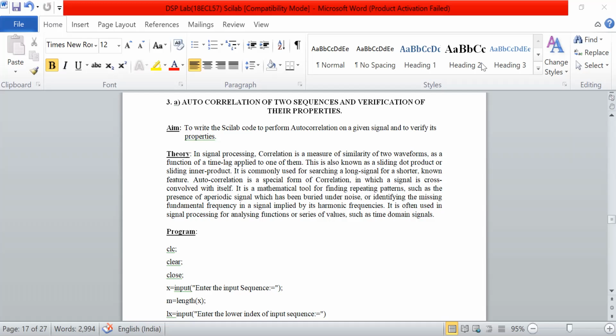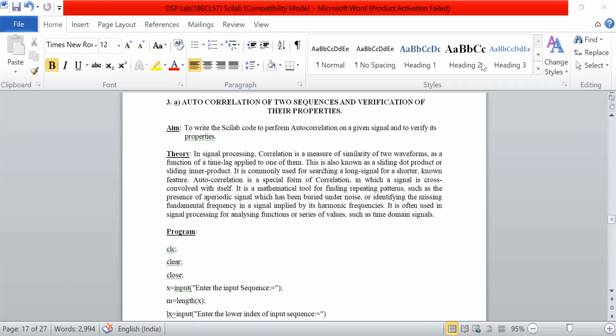That means correlation is the measure of similarity between two waveforms. We are comparing two signals. In that, one signal is the original signal, the other is a shifted version of it. Specifically, autocorrelation is a signal in which the signal is cross convolved with itself.